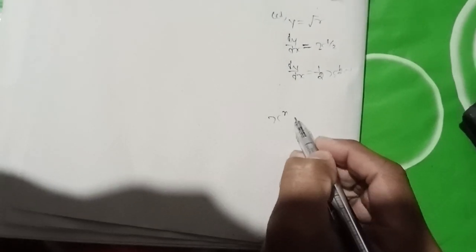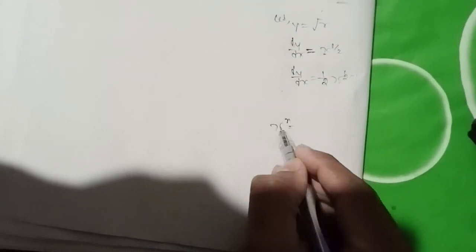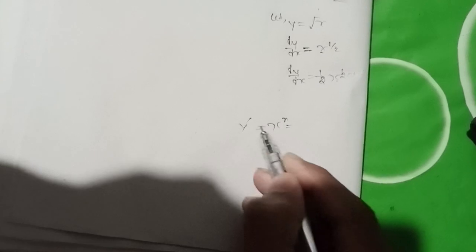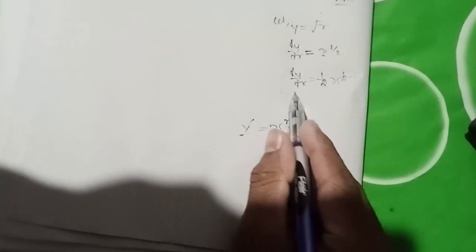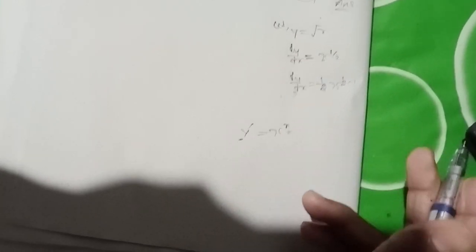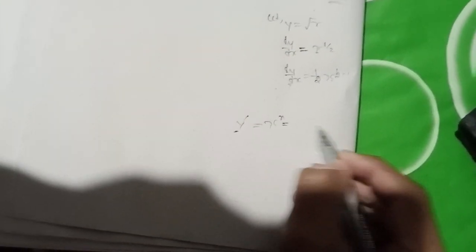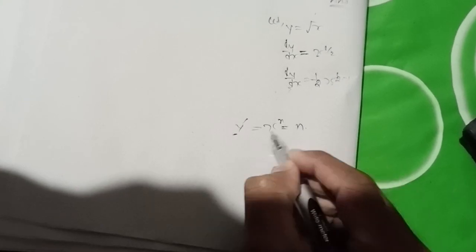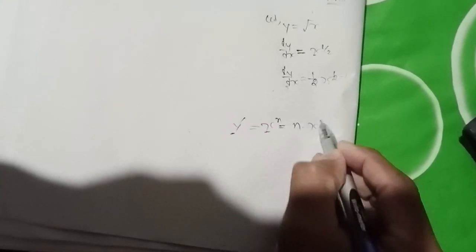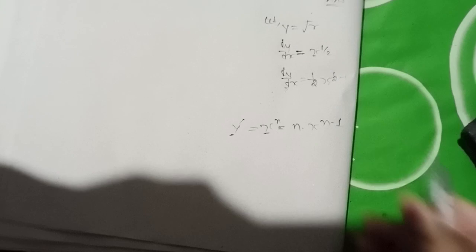Don't worry, let's say x and here power n. When you differentiate, this symbol and this are similar. So my dear friends, this power comes in front of the function and 1 is subtracted from n.